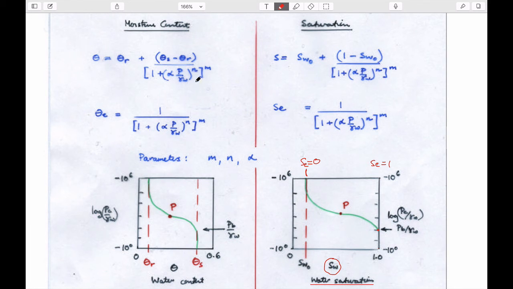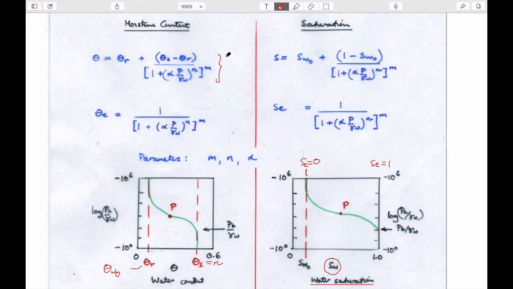And these parameters are determined in terms of the saturated moisture content, which has to be equal to the porosity, the residual moisture content, which we've also called volumetric content due to phi W0. And so if we know those magnitudes, then we can relate these curves merely by defining some parameters.